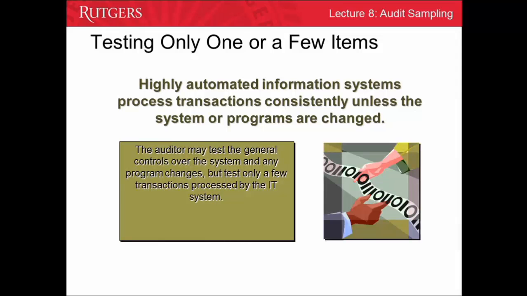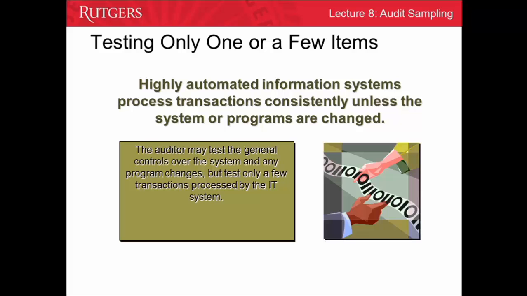Automated information systems process transactions consistently unless the system or program is changed. When testing automated IT controls, the auditor may decide to test one or a few of each type of transaction at a point in time.